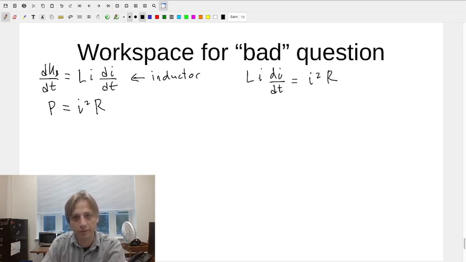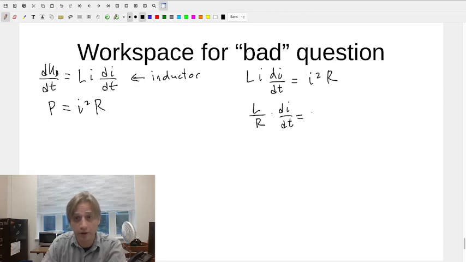Okay, I can do a little bit of math that might help me on this. I would have L over R, I'm going to divide both sides by R, and keep my di/dt here, and then divide both sides by I, so this divides that one out.